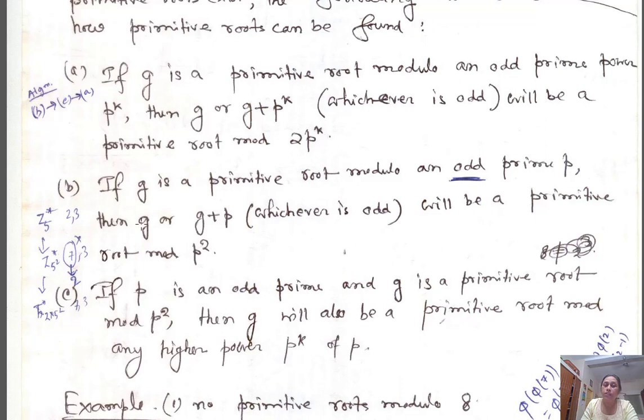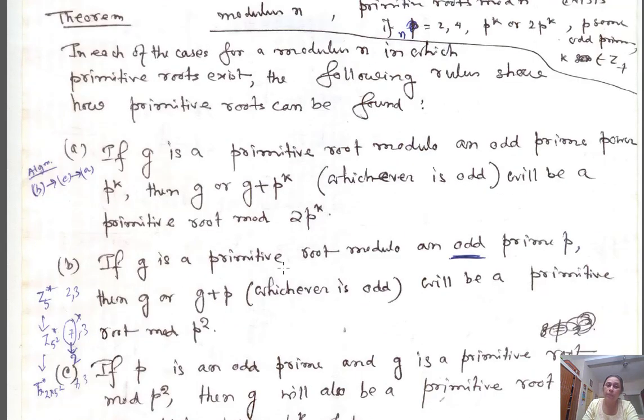Then utilizing this fact, either G or G plus p, whichever is odd, is a primitive root modulo p square. Now I know a primitive root modulo p square from knowing the primitive root modulo p. Now apply this one: if G is a primitive root modulo p square, then G is also a primitive root modulo any prime power. Now apply this one.